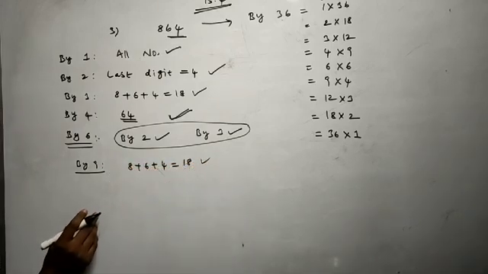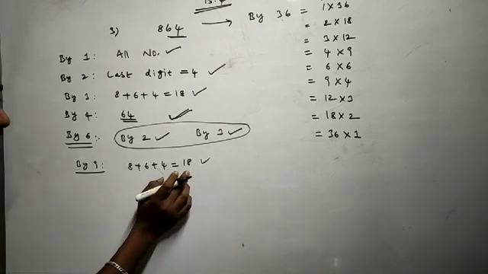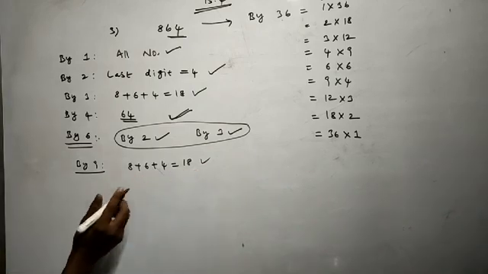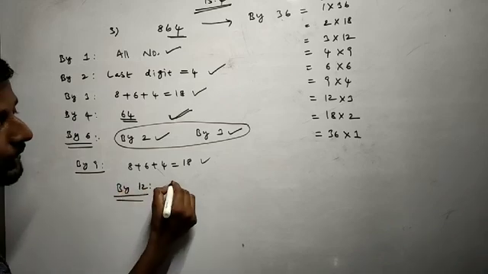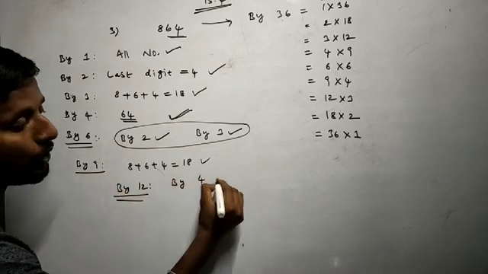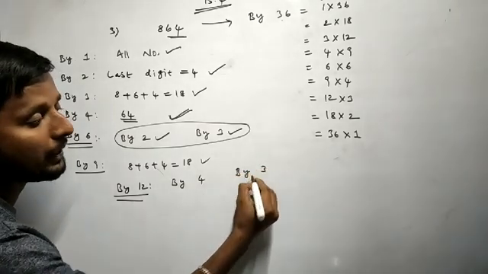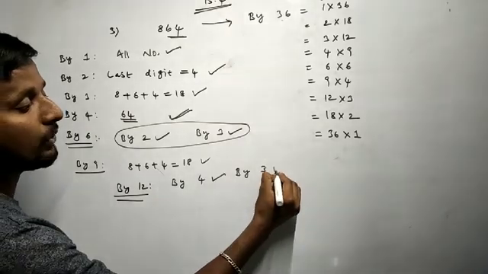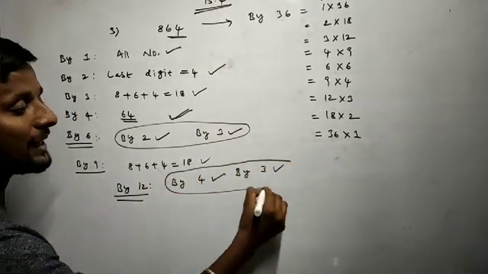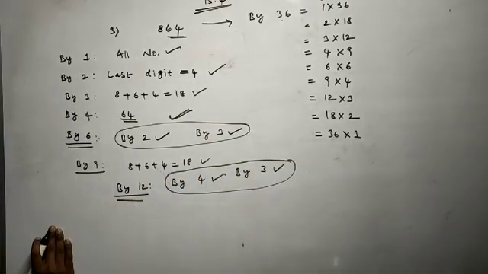And at the start of the problem we checked with 9 also. It is divisible by 9. Now by 12. By 12, individually if you write, 4 3s are 12, by 4 and by 3. Look at by 4, it is divisible. By 3 also divisible. So overall, 4 3s are 12, it is divisible by 12 also.